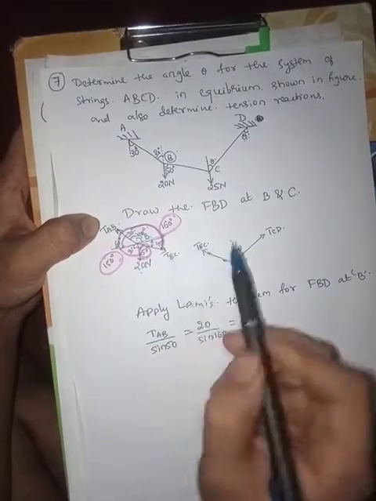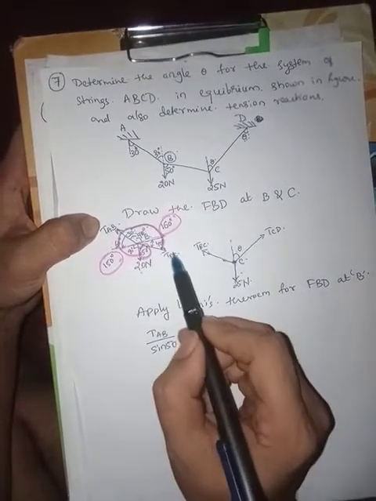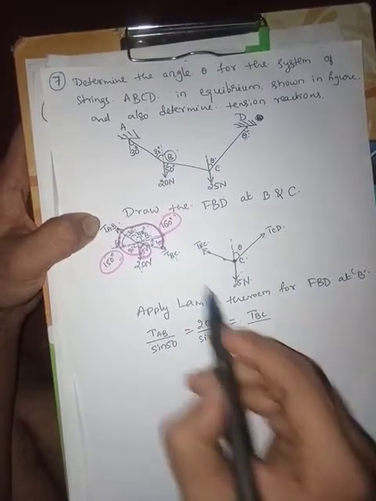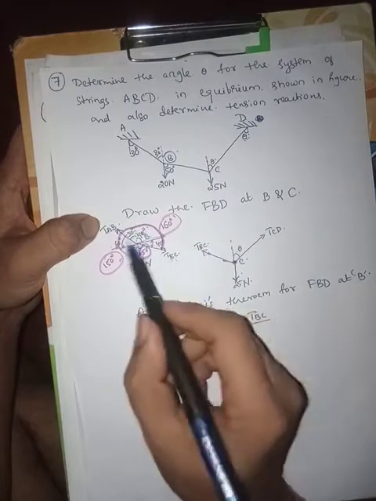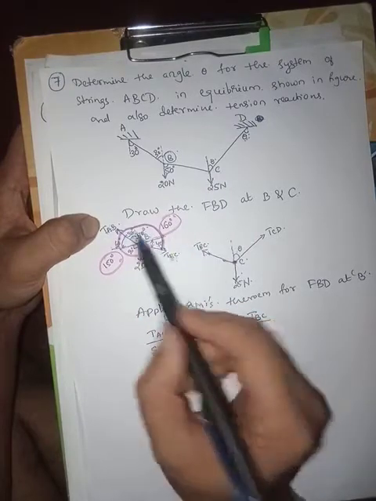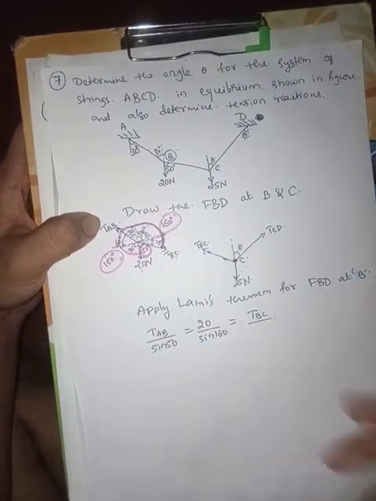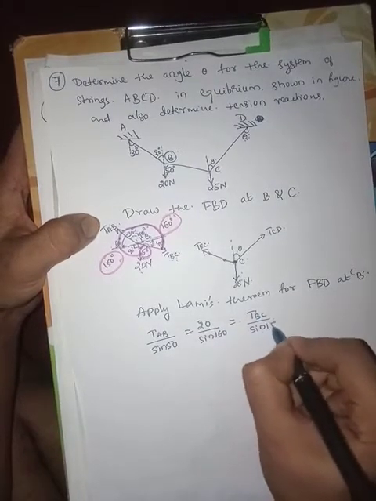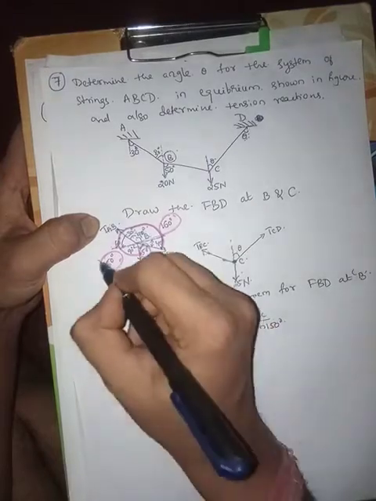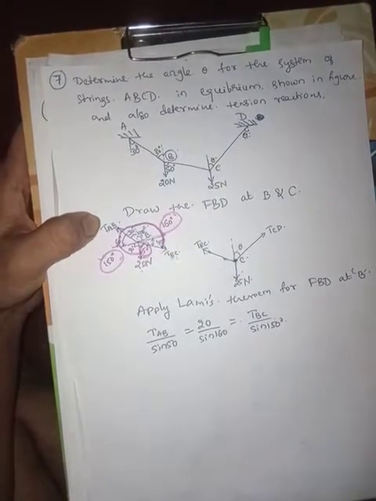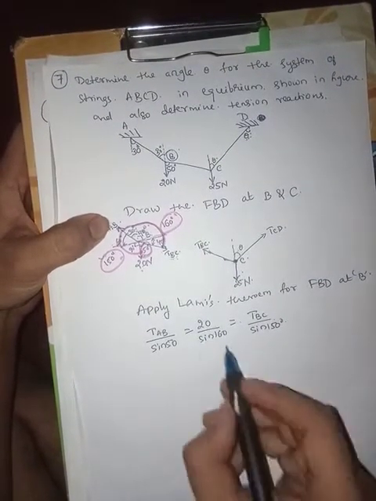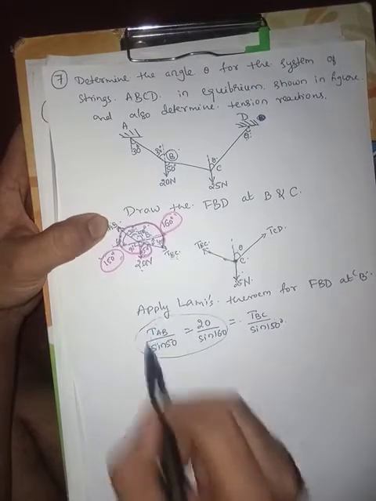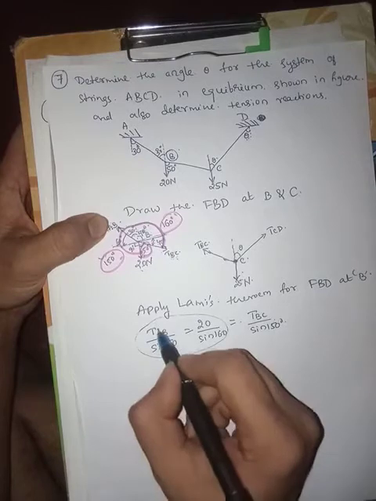Similarly come to here, tension force TBC upon the sine of the angle between the remaining two forces. What are the remaining two forces? TAB and 20 Newton. So what is that? Sine 150 degrees. Okay, now take these two equations and find TAB.